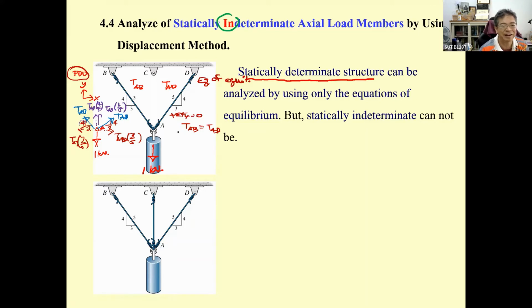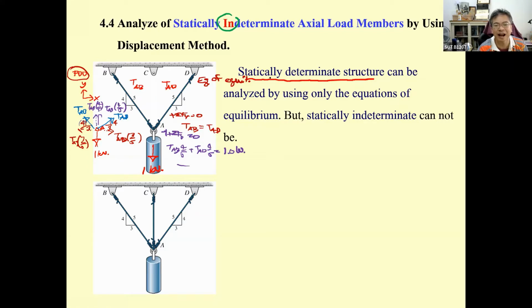Okay, and summation of F sub y equal to 0: T sub AB times 4 over 5 plus T sub AD times 4 over 5. They are upward. Okay, that means upward is positive. That is equal to 1.0 kilonewton. So you can solve for the T sub AB and T sub AD.